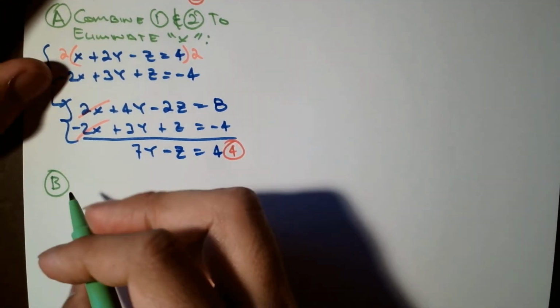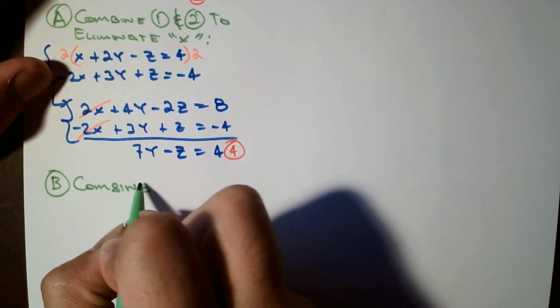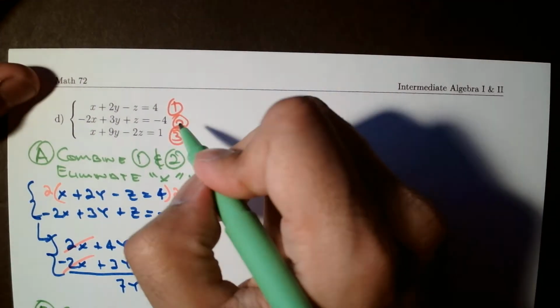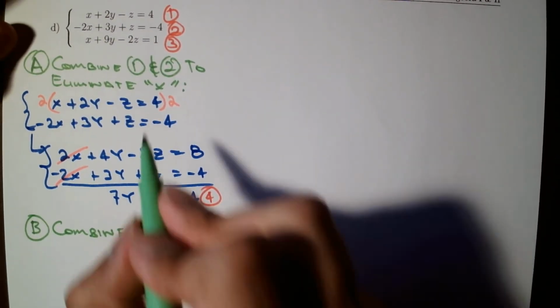So for part B, we already did the combination between 1 and 2. Now we're going to do the combination between 1 and 3, and we are going to eliminate again the same variable x.